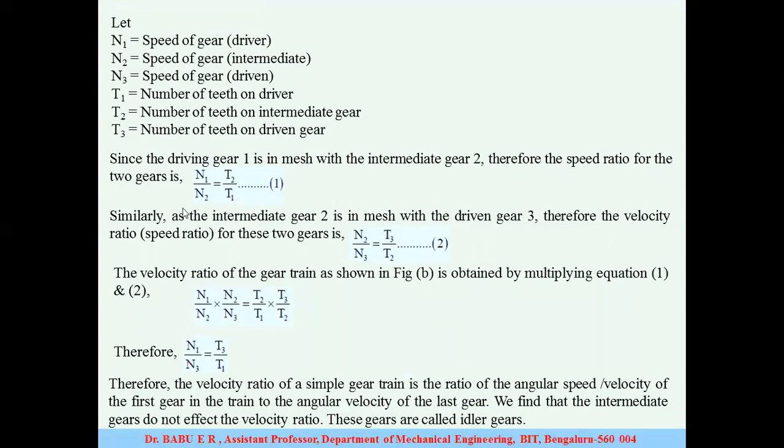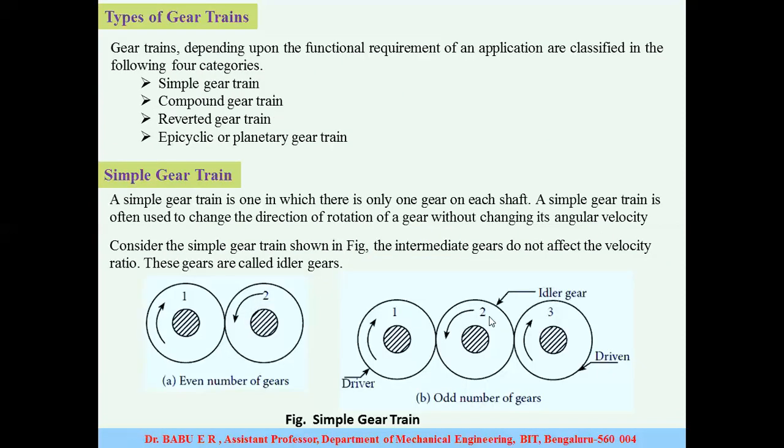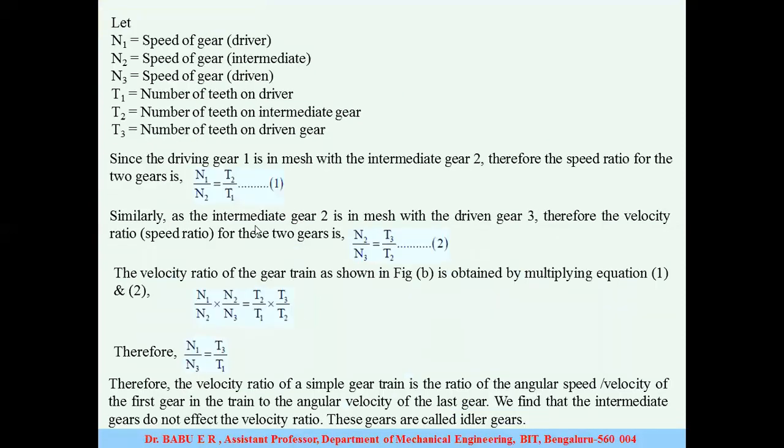Therefore, the speed ratio for these two gears is n1 by n2, which equals the number of teeth on the driven gear to the number of teeth on the driving gear, that is T2 by T1. We call this equation number 1.